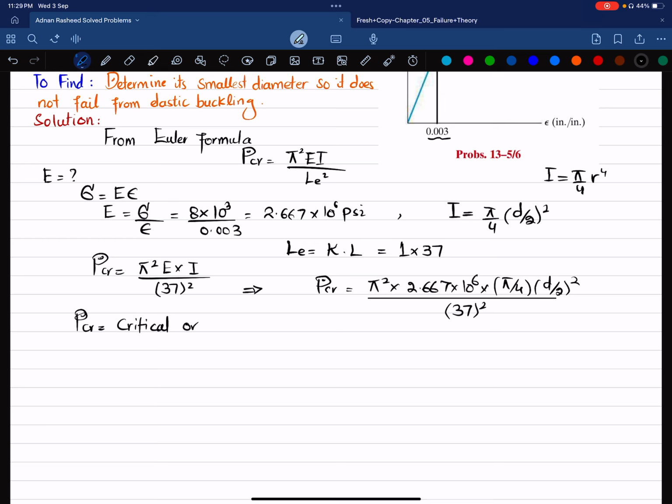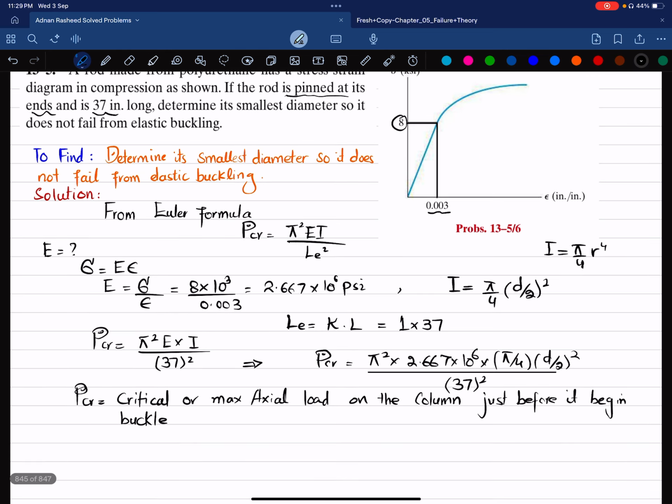As we know, this P critical is the critical or maximum axial load on the column just before it begins to buckle. This load must not cause the stress in the column to exceed the proportional limit.